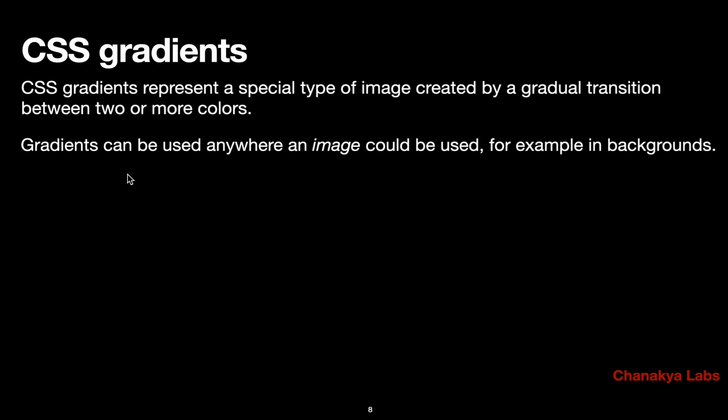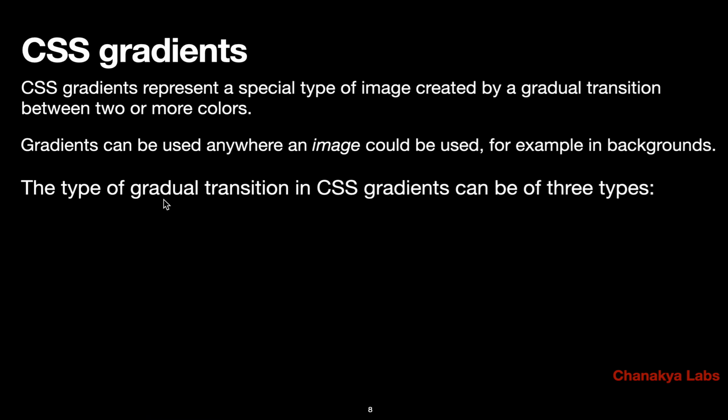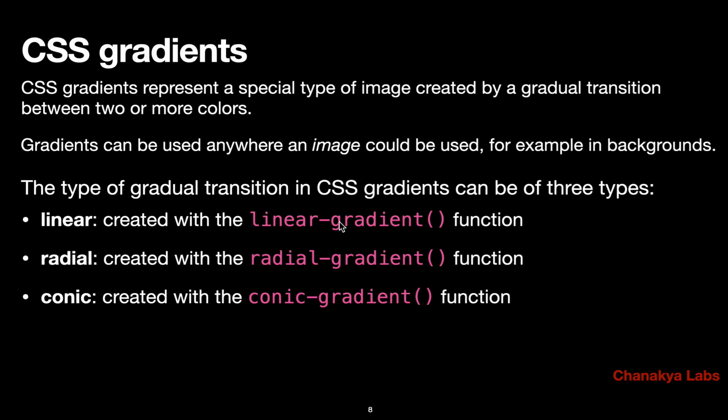But first of all, let's understand what a gradient is. So a gradient is basically, as we discussed, a gradual transition between two or more colors to create image-like effects. Now they can be of three main types in CSS.